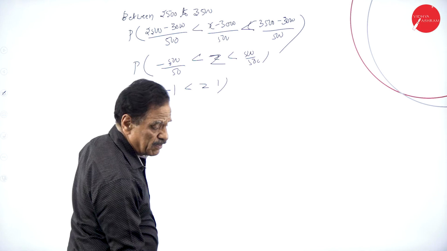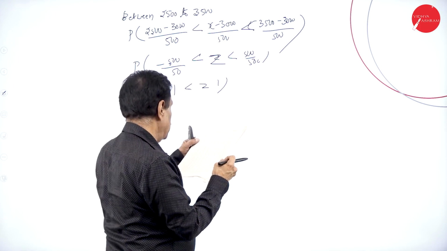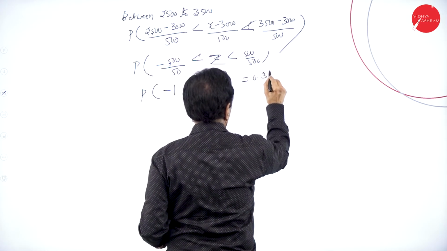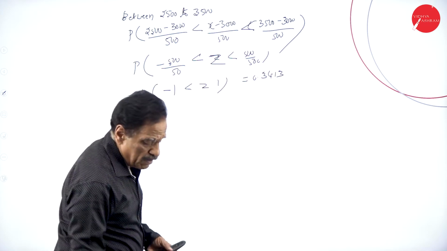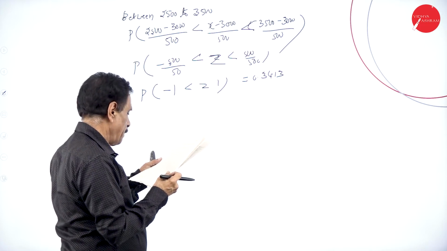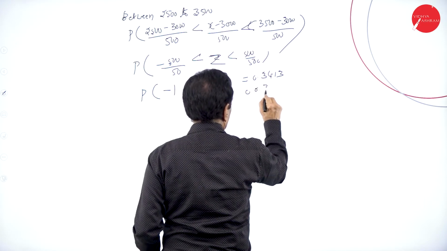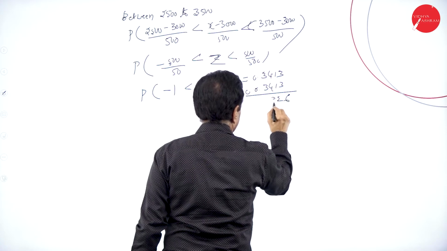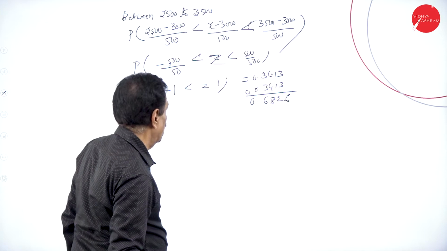Here positive, negative, you could consider as 1. What's the value of 1 here now? 0.3413. Negative 1 and positive 1, each is 0.3413. Add the figures: 0.6826.